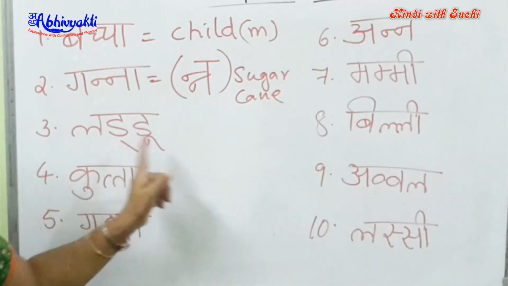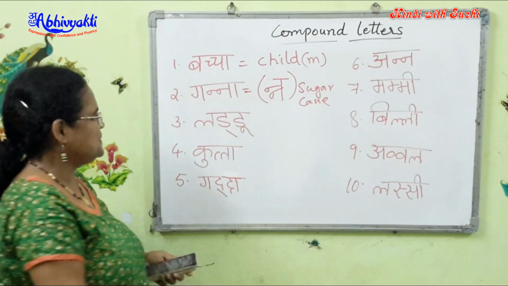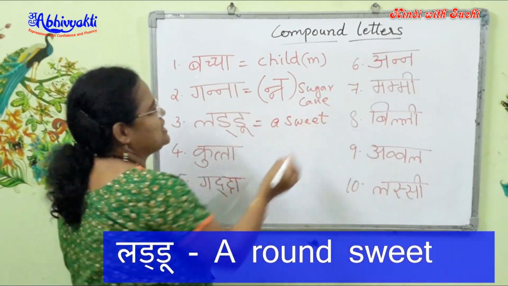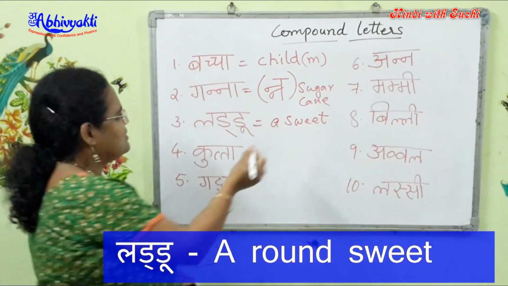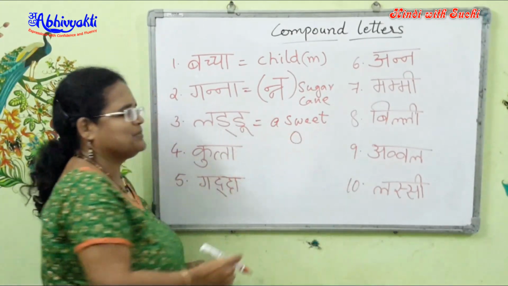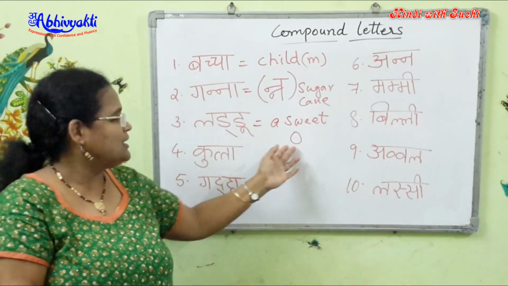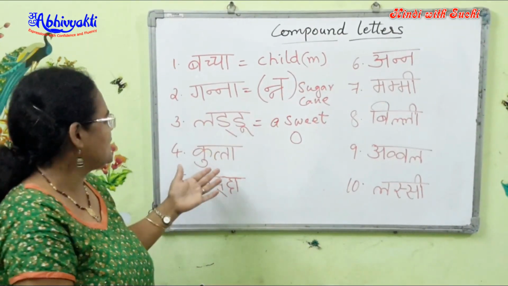Laddu. Laddu is a sweet, which is usually round in shape. A round shaped, circular shaped sweet made usually with lentils is called laddu.